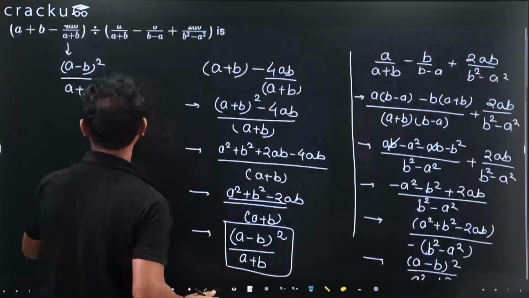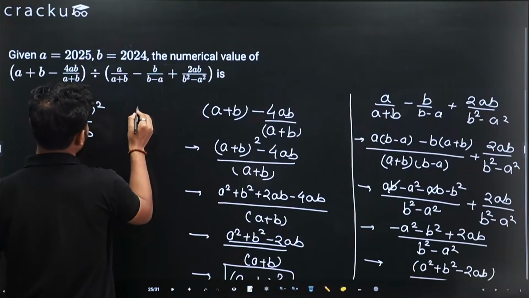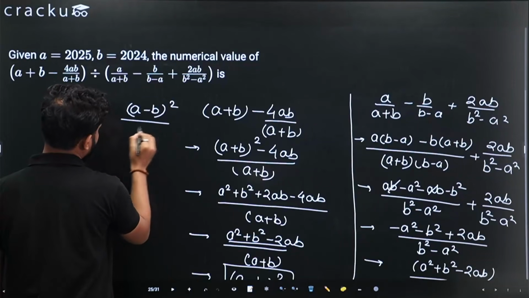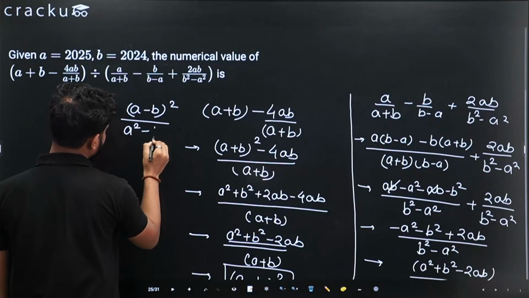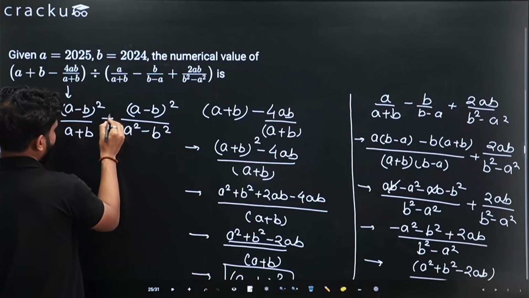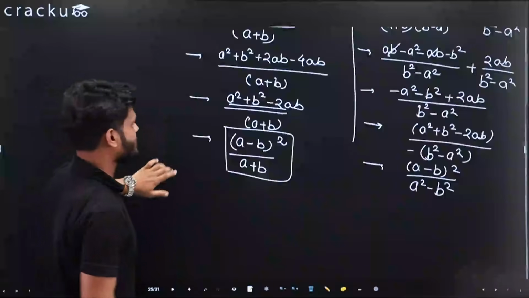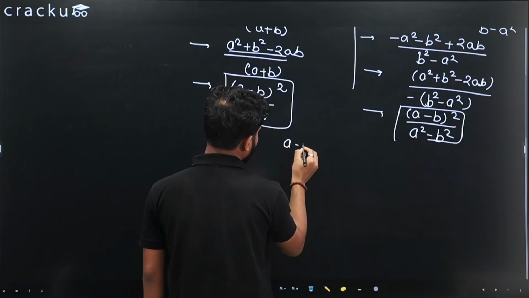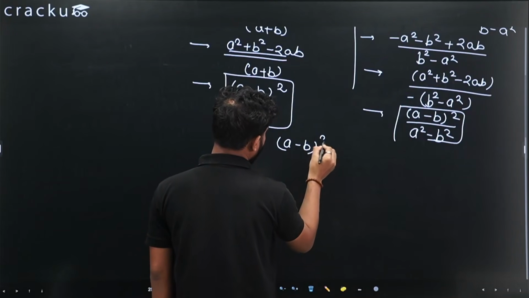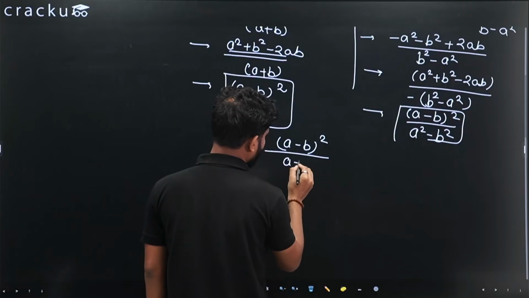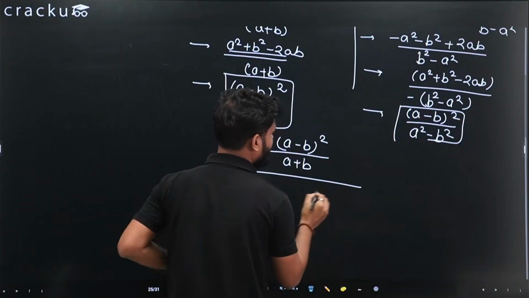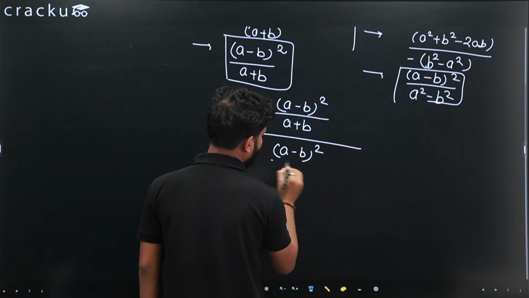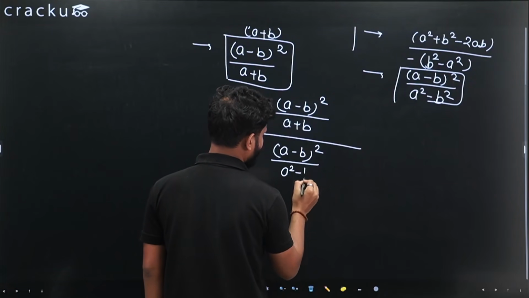Right? So this one is A minus B whole square and denominator is A square minus B square, and we need the division of these two. So I have A minus B whole square upon A plus B divided by A minus B whole square upon A square minus B square.